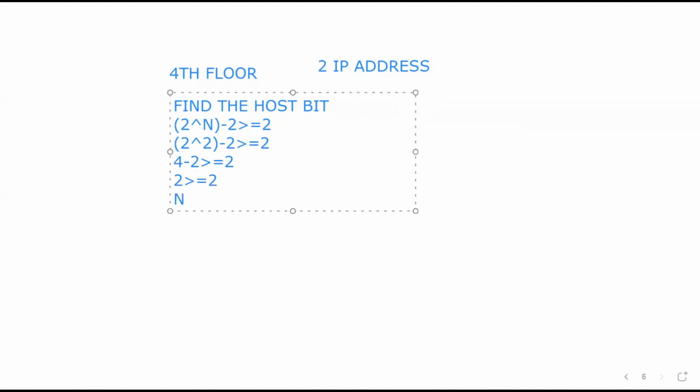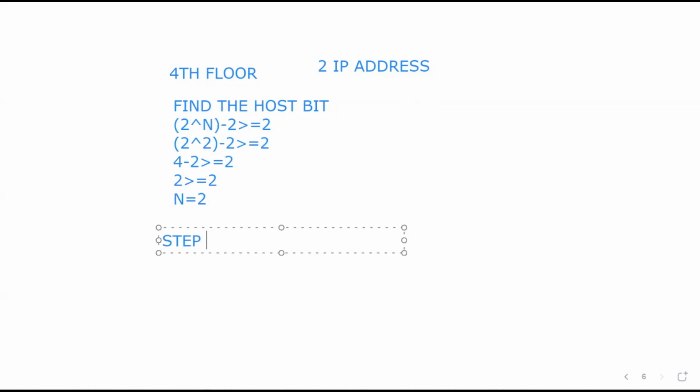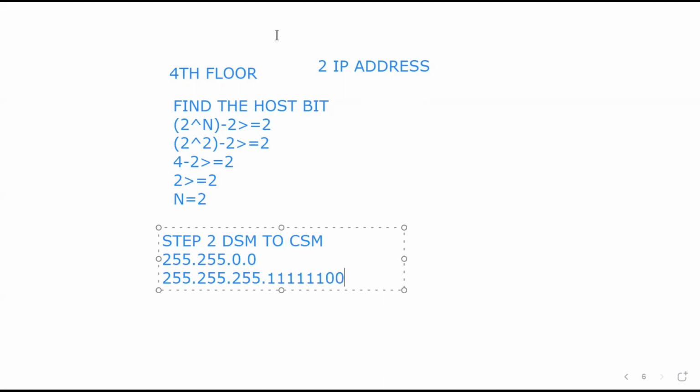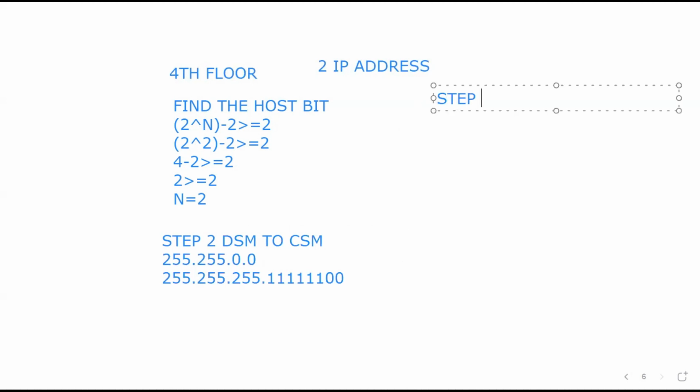The value of n is equal to 2, right? Step 2, DSM to CSM. 255.255.255 dot, with 2 host bits the last octet is 252. Then step 3.